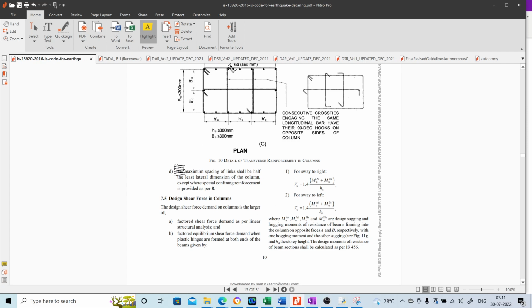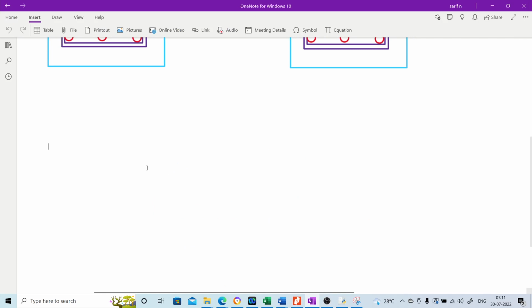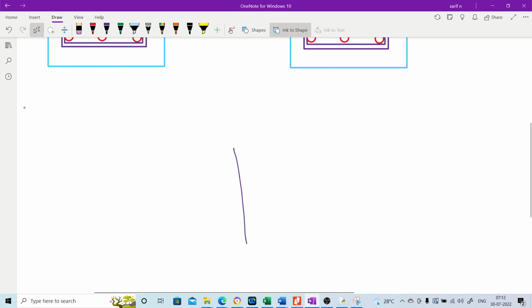Then another criterion is, except where special confining reinforcement is provided, the maximum spacing between the lateral ties cannot exceed half the least lateral dimension. So for example, imagine we have a column like this.